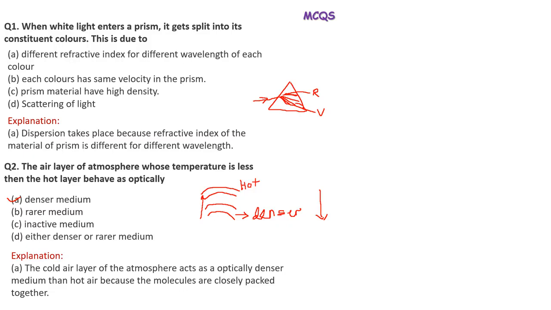The space between the molecules is less, so it becomes more dense. The cooler air layer will have denser particles, and that's why it settles down and behaves like a denser medium.